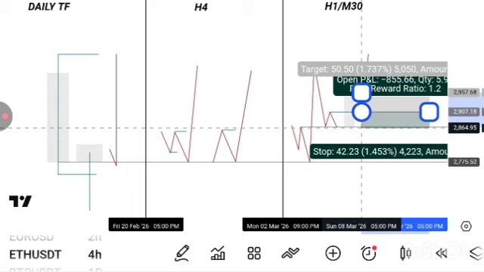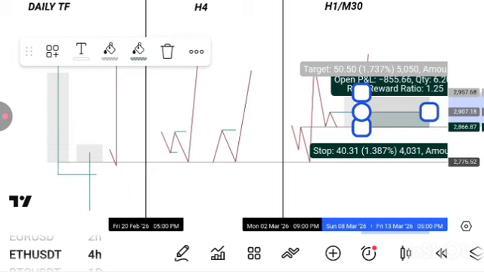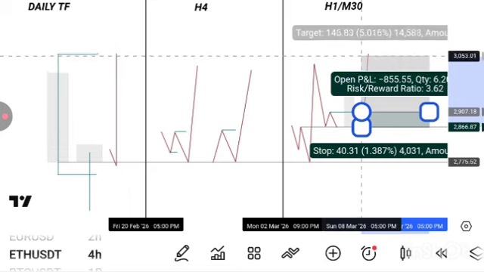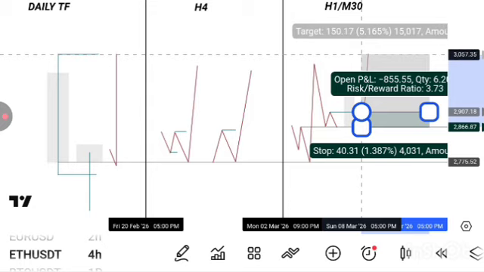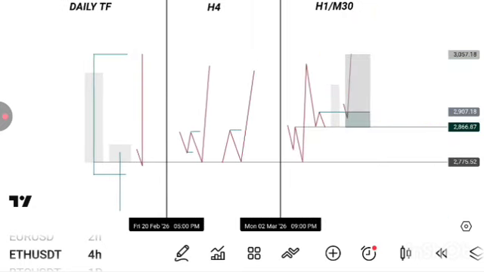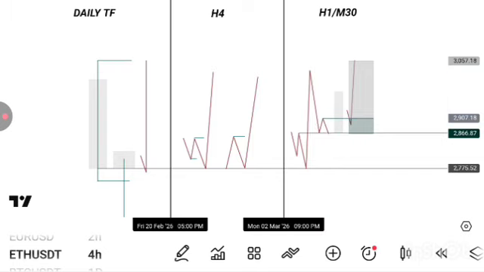Then my stop loss is just going to be below the body of that particular candle on the H1 time frame. Then I'm going to do something like this to target either the H4 high or the daily high.